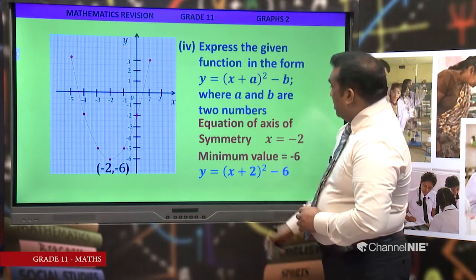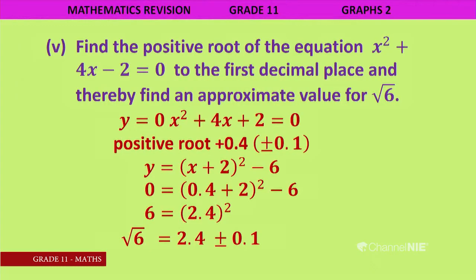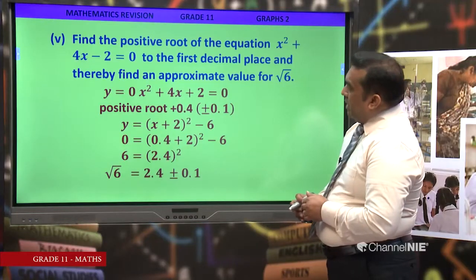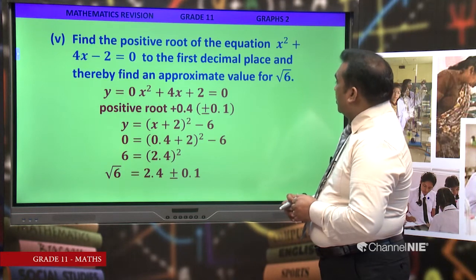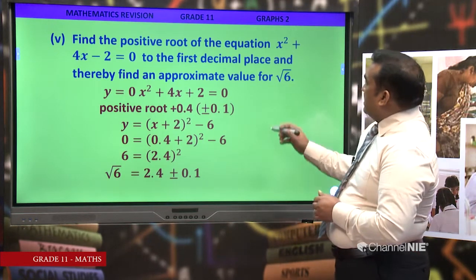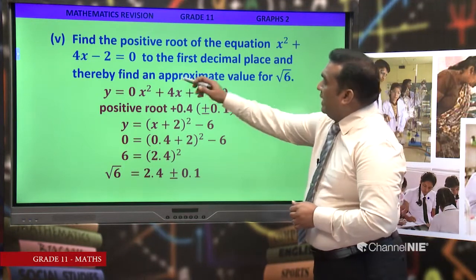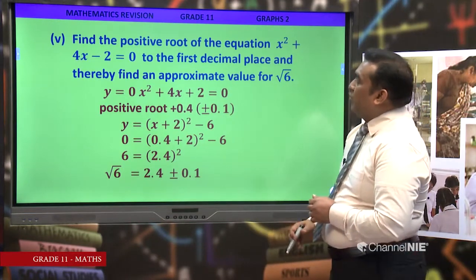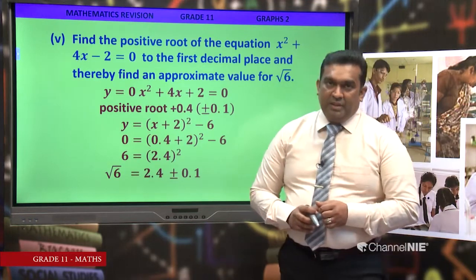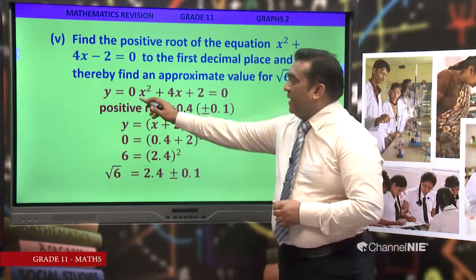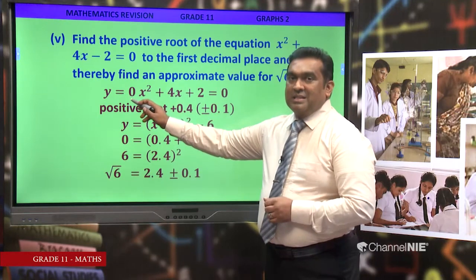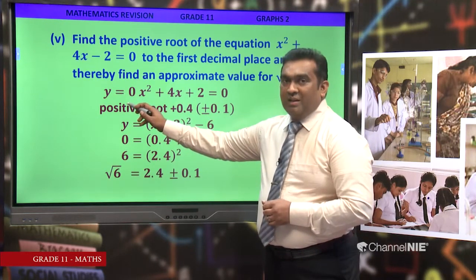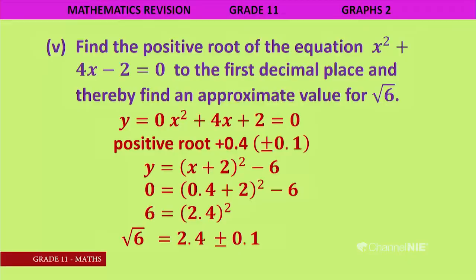Now, find the positive root of the equation x squared plus 4x minus 2 equals 0 to the first decimal place, and thereby find an approximate value for root 6. You can see that x squared plus 4x minus 2 is the same as the equation of the curved line graph. As a result, you can find the x coordinates of the curve when y equals 0.